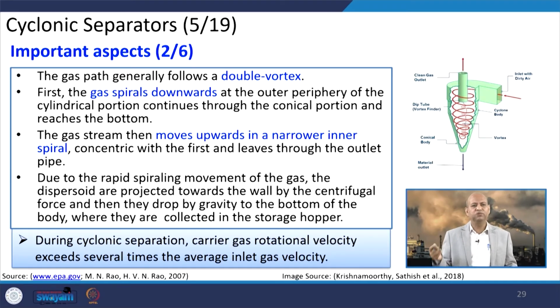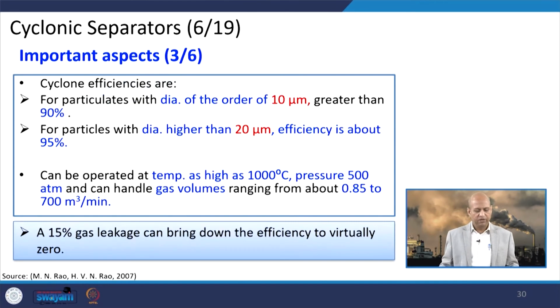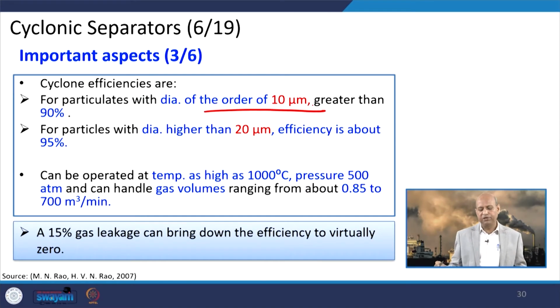So, that way there is a possibility of collection of smaller particles also, and during cyclonic separation the carrier gas rotational velocity exceeds the average inlet gas velocity several times. That is a very important point for removal of these particles. Cyclone efficiencies are greater than 90% for particulates of the order of 10 micrometer or so.